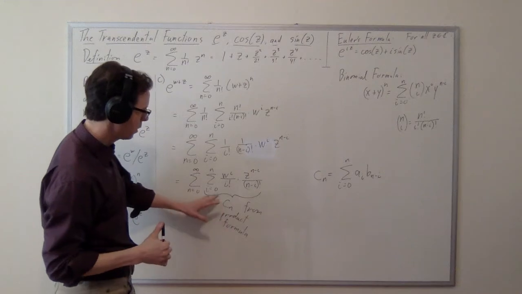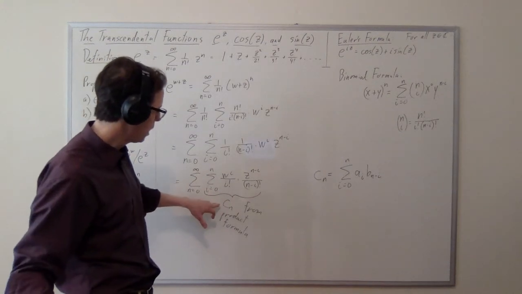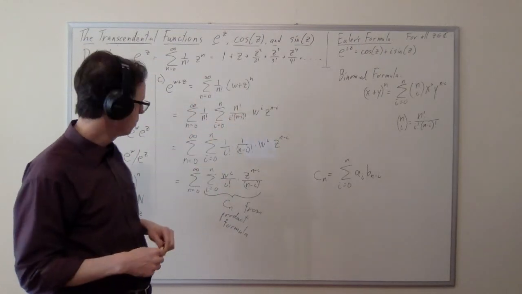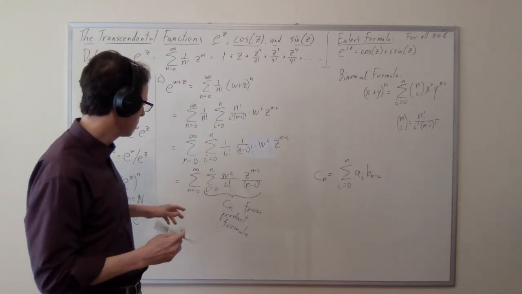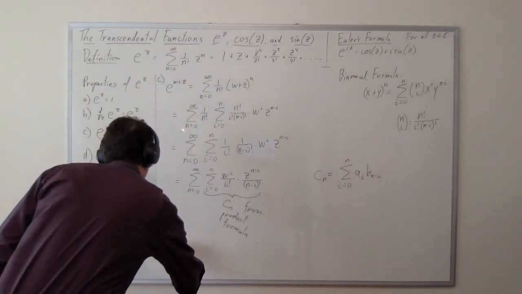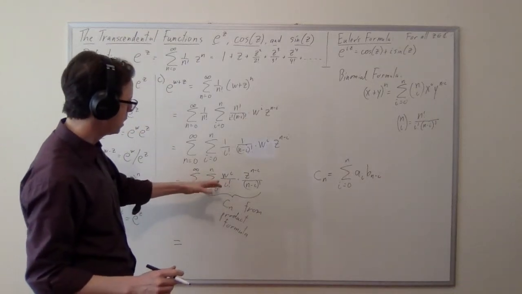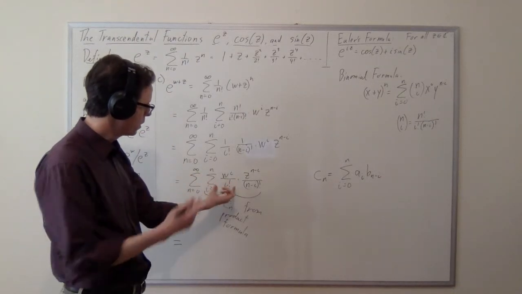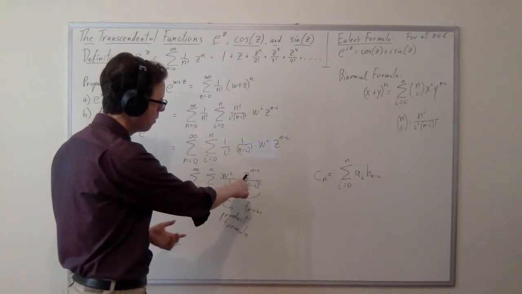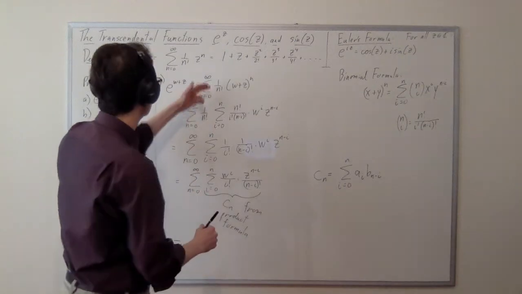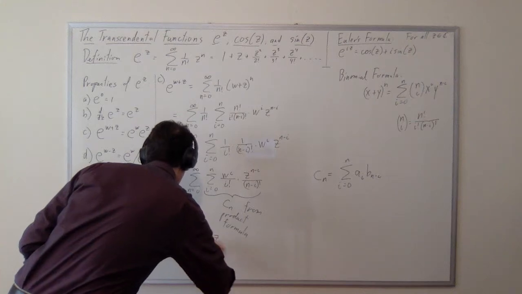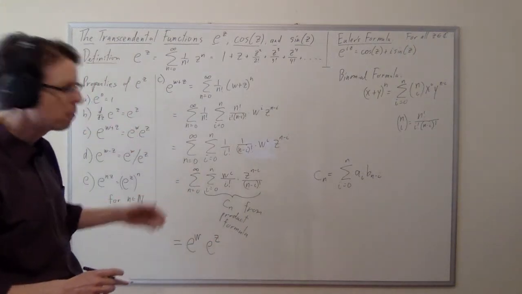So this is exactly the formula that we want for the nth coefficient of the product of two series. And that means that this is nothing more than a formula for the product of the two series. And what are the two series? The first series is the series of the sum of powers of w over factorials. And the second series is the same, but powers of z over factorials. So the first series is nothing more than e to the w, and the second series is nothing more than e to the z by the product formula.